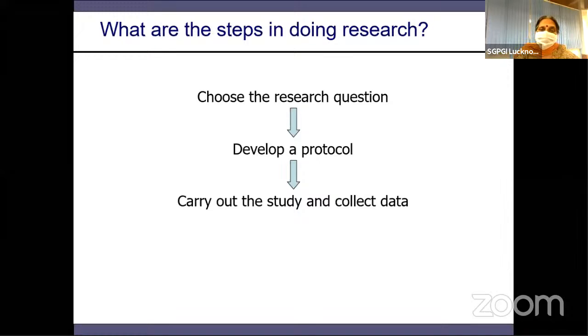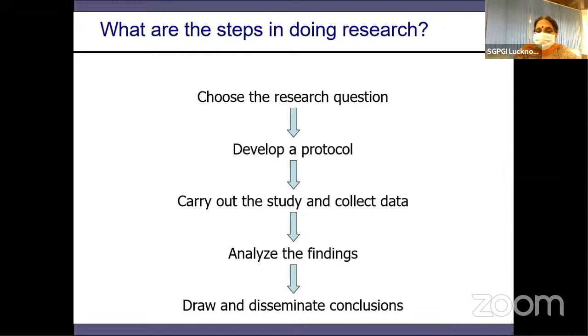The execution means you collect the data during the time you're doing the study. And once you've collected the data, you need to make sense of it. To make sense of it, you need to analyze your data and find out what this data is telling you. And last but not the least is to draw and disseminate your conclusions. If you have done it and you haven't told anybody, it is as good as you haven't done it.